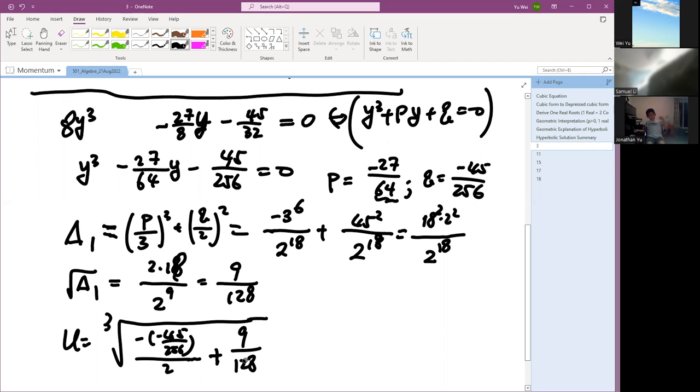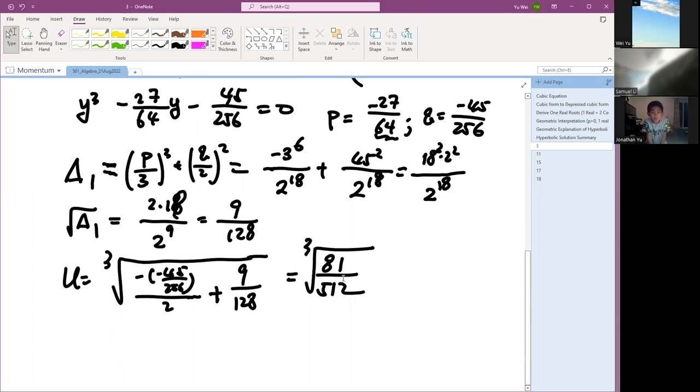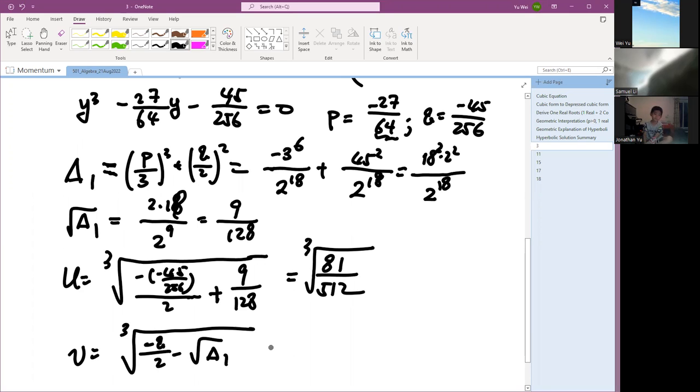So plus, right? 128/9, right? Is equal to, I give you the answer. You guys can go calculate it. Then with the V equals, it's minus. Minus.